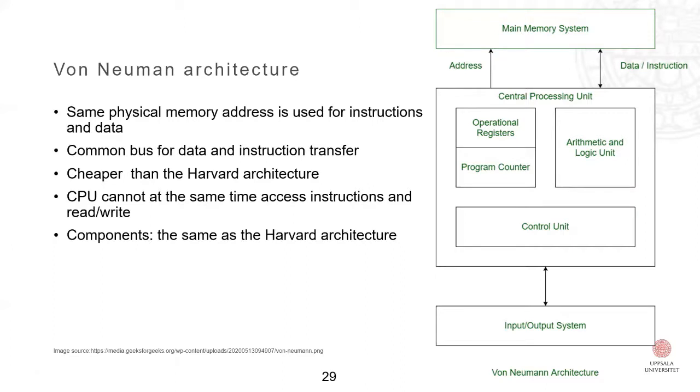This architecture was cheaper than the Harvard architecture, but its drawback is that the CPU cannot at the same time access both instructions and data, because a bus can be used to fetch one thing at a time. So once it fetches the data, the other time it fetches instruction and so on. So they could not be done at the same time, but it was cheaper.